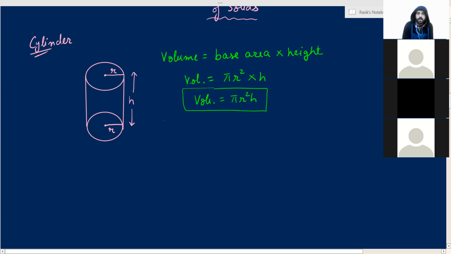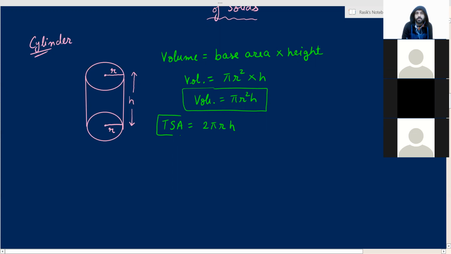Okay. Then there is total surface area of a cylinder. If you multiply the circumference of a circle by h, you will get the curved surface area. What is the circumference? 2 pi r into h.